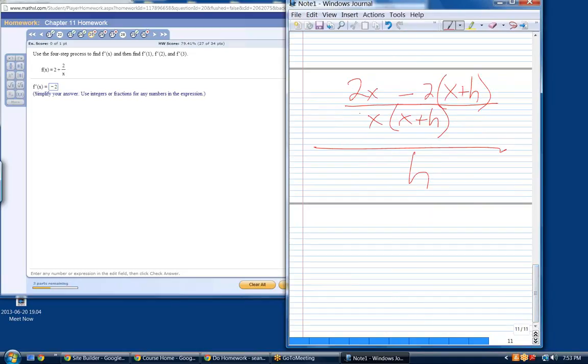So now the top becomes just minus 2h. I'm going to distribute the 2. So I'm going to have 2x minus 2x minus 2h. So I got a minus 2h there. Bottom, I still have that common denominator.